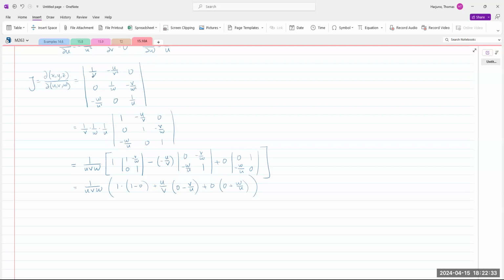Why do I feel like I made some mistake somewhere? I don't think so though. Why do I say I'm making a mistake? Because when I compute this, I get 1 minus 1 plus 0, which is 0. That doesn't really make sense.